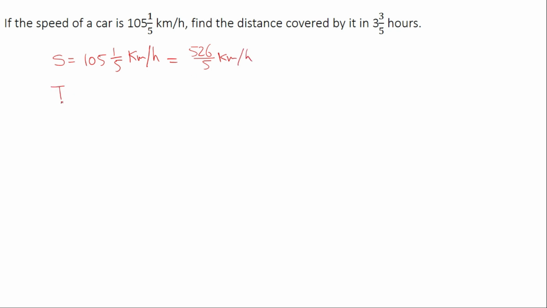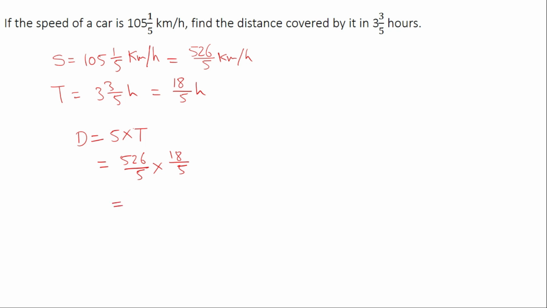And second, time is given, that is 3 whole 3 by 5 hour. So 5 3s are 15, 16, 17, 18 by 5 hour. Now we know the formula: distance is equal to speed into time. So we will just multiply, like 526 by 5 into 18 by 5.